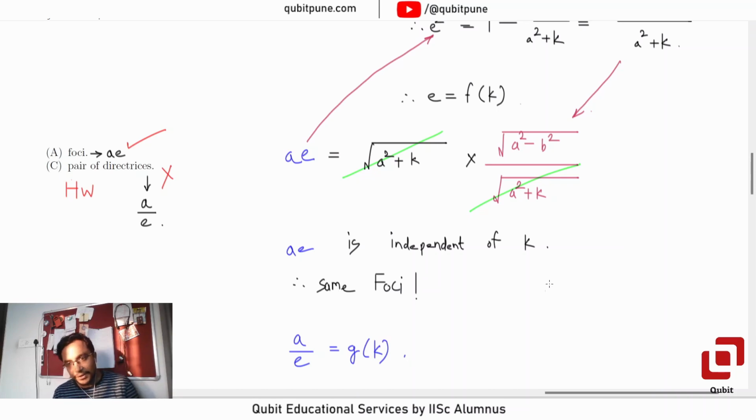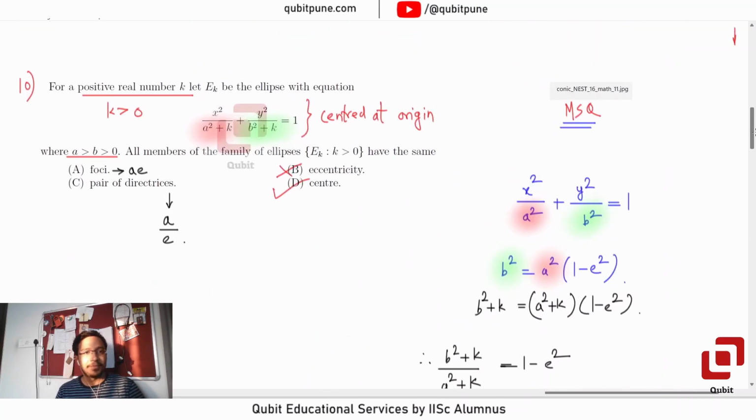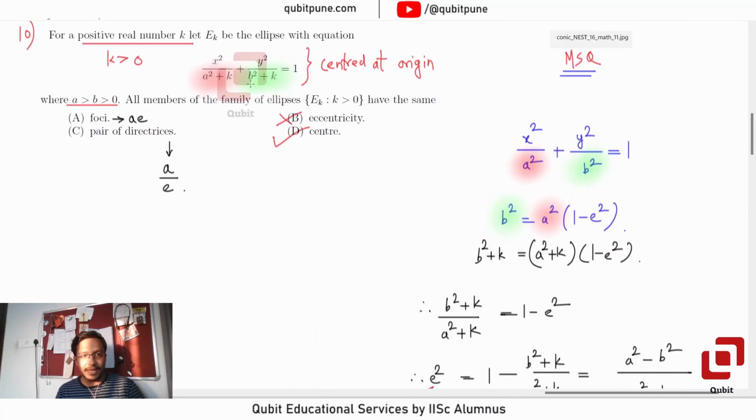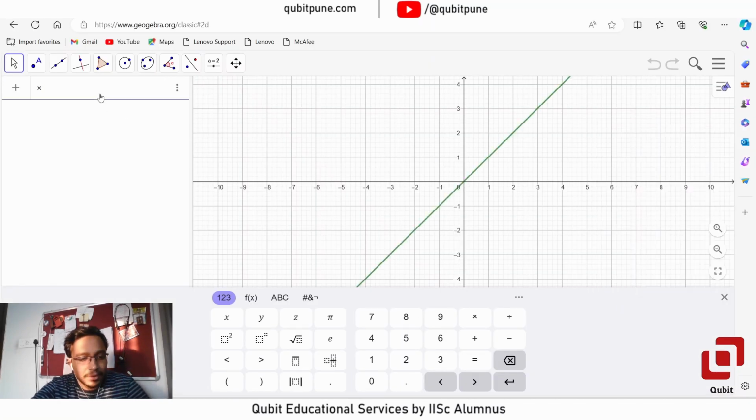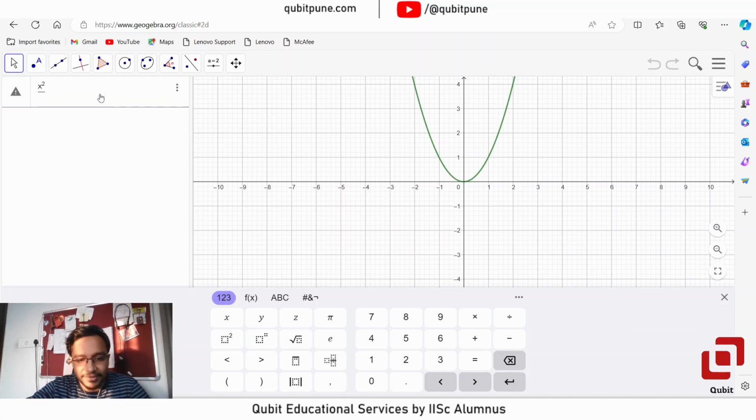Now what we can do is, let us go to GeoGebra and see whether indeed the foci remain the same if we vary k. Okay, let's do it. Let us take a squared as 9 and let's take b squared as 4.